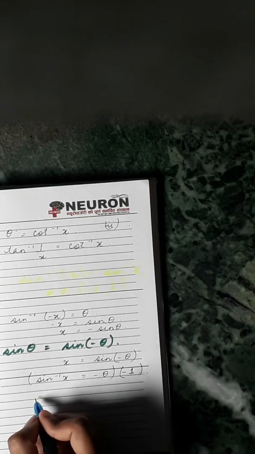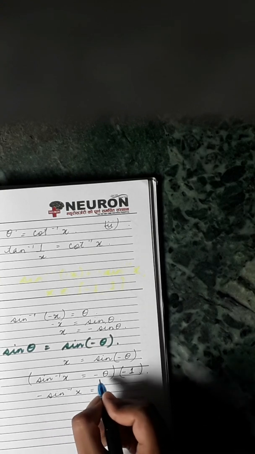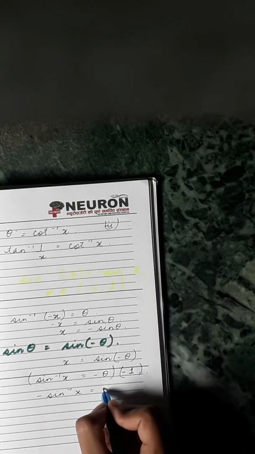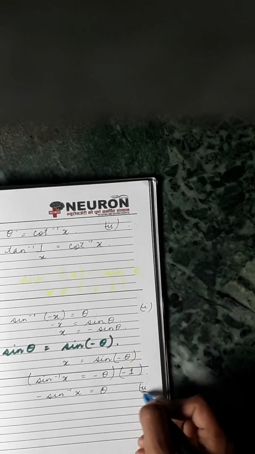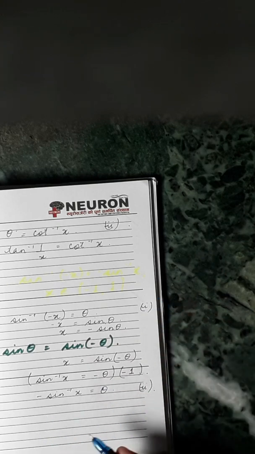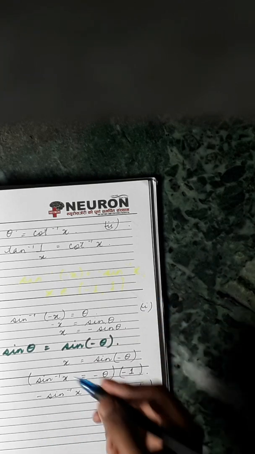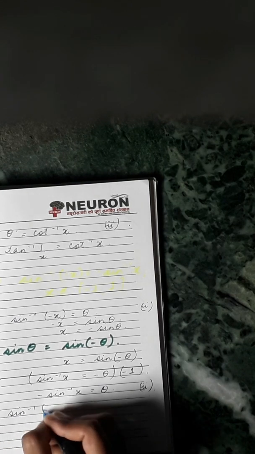So, what did you get? Minus sine inverse x is equal to theta. So now you just compare the two steps. Are they equal? Sine inverse minus x is equal to theta and minus sine inverse x is also equal to theta. So ultimately the two terms are equal to each other.